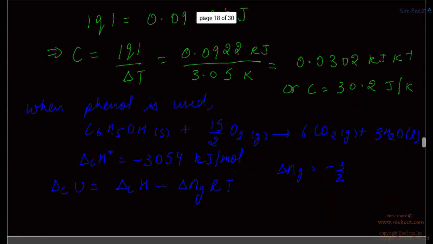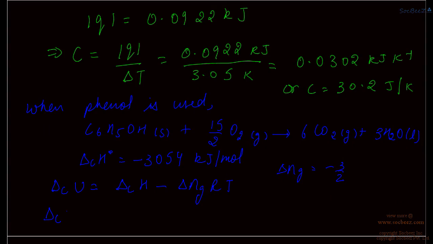So from here the value of delta U will be minus 3054 kilojoule per mole plus 3/2 into 8.314 into 10 raised to power minus 3 into 298 kilojoule per mole.